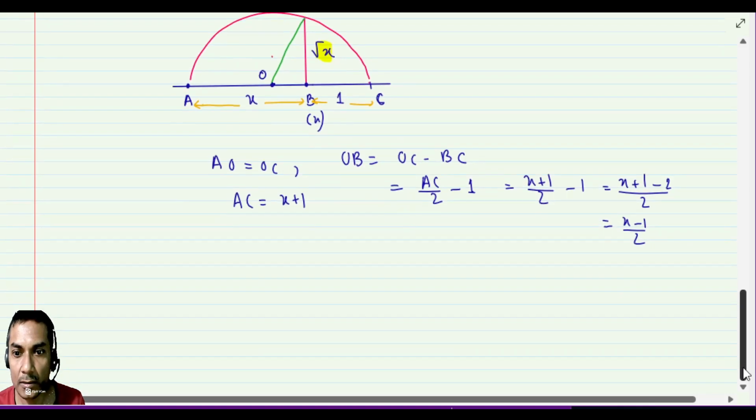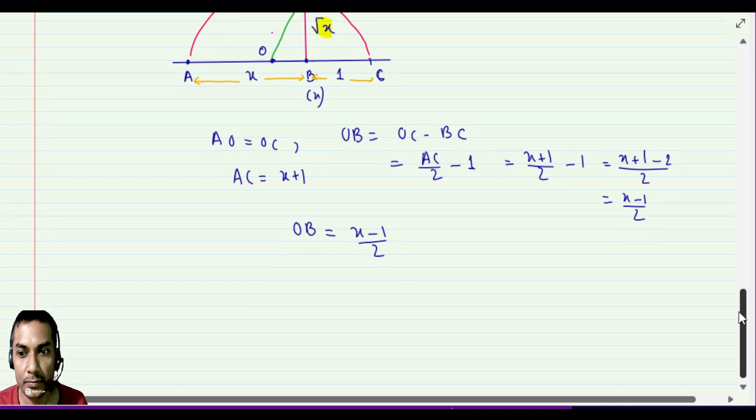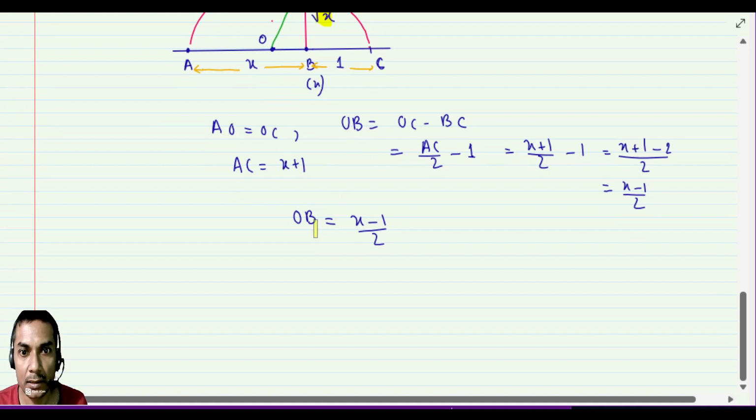Is it clear? So OB is equal to (x minus 1) by 2. We get this. Clear?